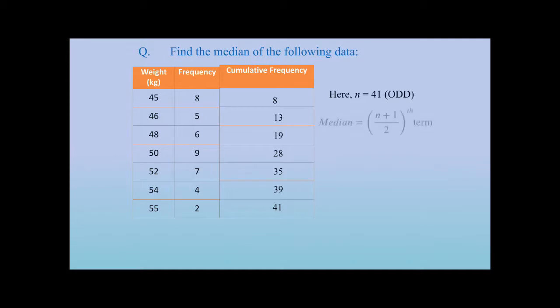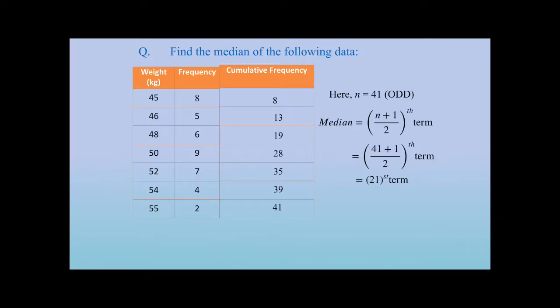So we use the formula median is equal to the (n plus 1) upon 2th term, which is 41 plus 1, 42 upon 2, that is the 21st term. Now how to find this 21st term from the table? From the cumulative frequency, till the 19th term the values will be 45, 46 and 48.